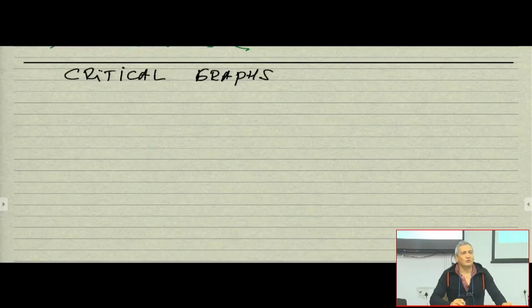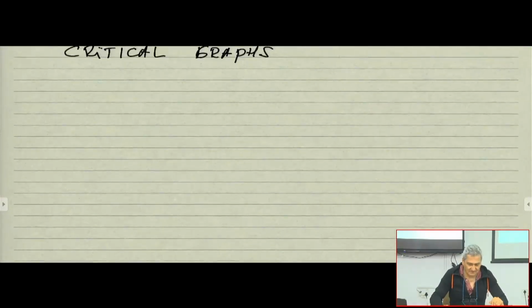Actually there are 2 types of critical graphs, edge critical graphs and vertex critical graphs. I will deal more with edge critical graphs.